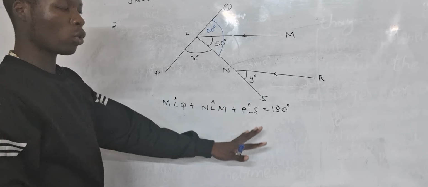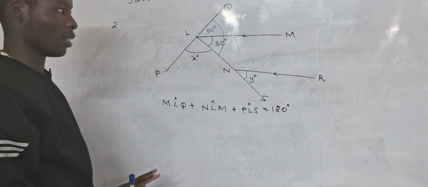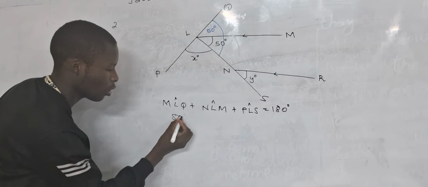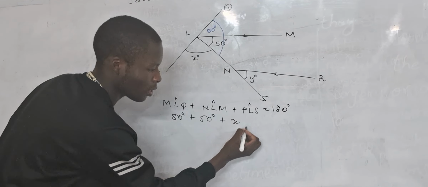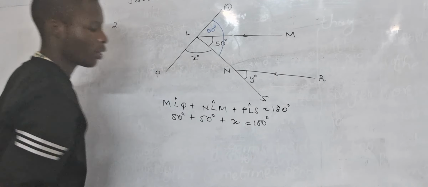The sum of angles on a straight line is always 180 degrees. So this is 50 degrees plus 50 degrees plus x is equal to 180 degrees.